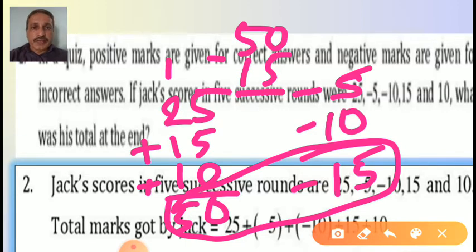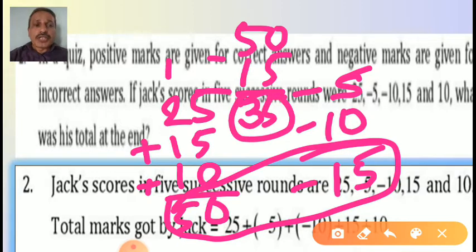Yes, it is 35. And is 35 positive or negative? Positive, because 50 is a bigger number than 15 and 50 has a plus sign, so we can write a positive number. Let's check the answer. I already hid this answer here, so check it.